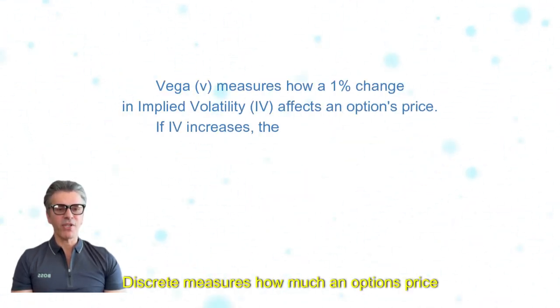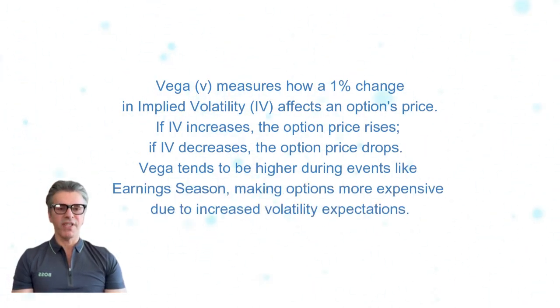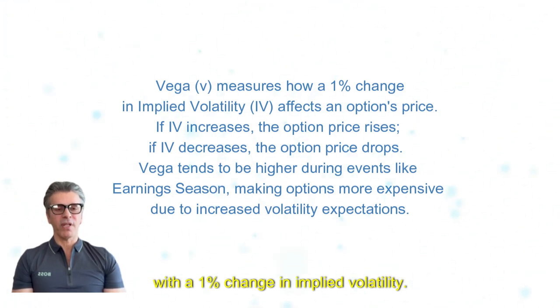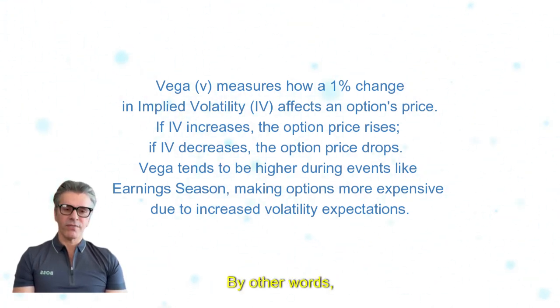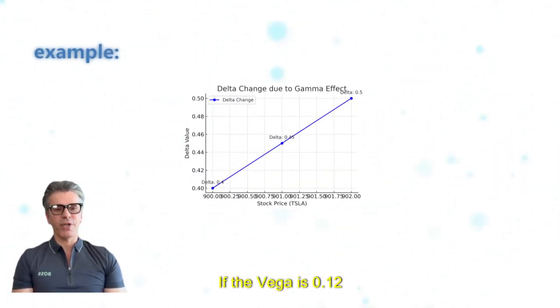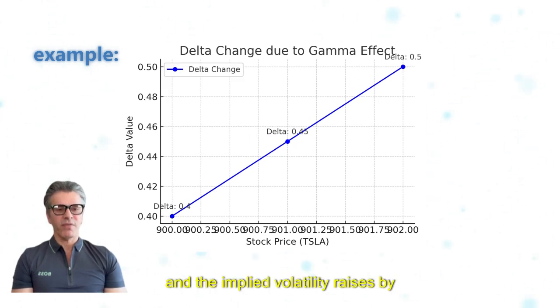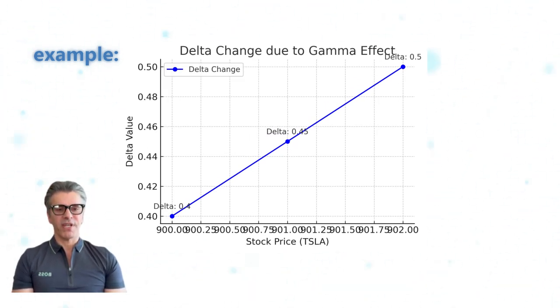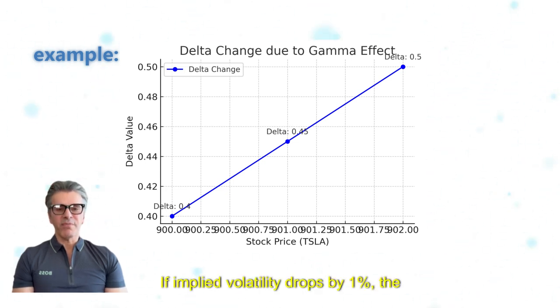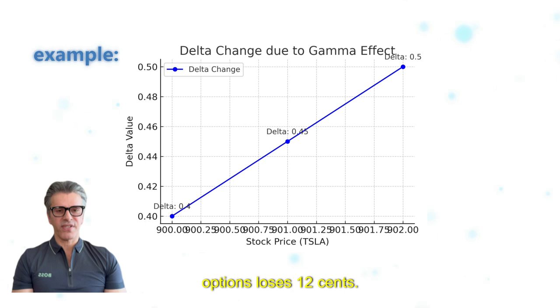This Greek measures how much an option's price changes with a 1% change in implied volatility. In other words, if the Vega is 0.12 and the implied volatility rises by 1%, the option gains 12 cents. If implied volatility drops by 1%, the option loses 12 cents.